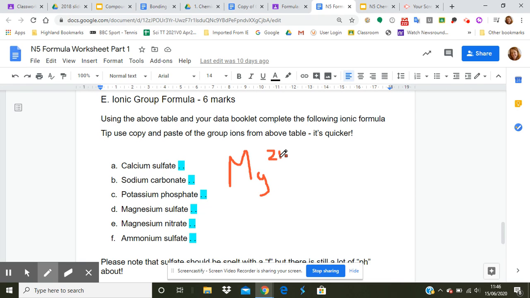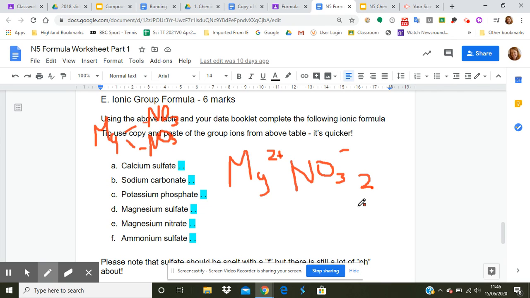The nitrate ion, you know from the top of your data booklet, you do not need to remember these, you're always going to have them in your data booklet, is NO3-. Now the problem is, Mg has a valency of 2, so 2 arms coming out of there. Nitrate is NO3, only a valency of 1, so 1 arm coming out, so you're going to need 2 nitrates.